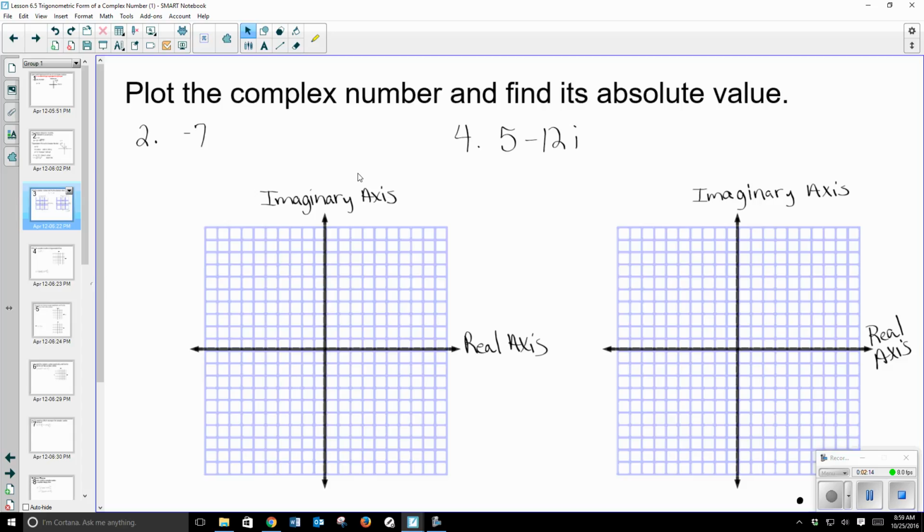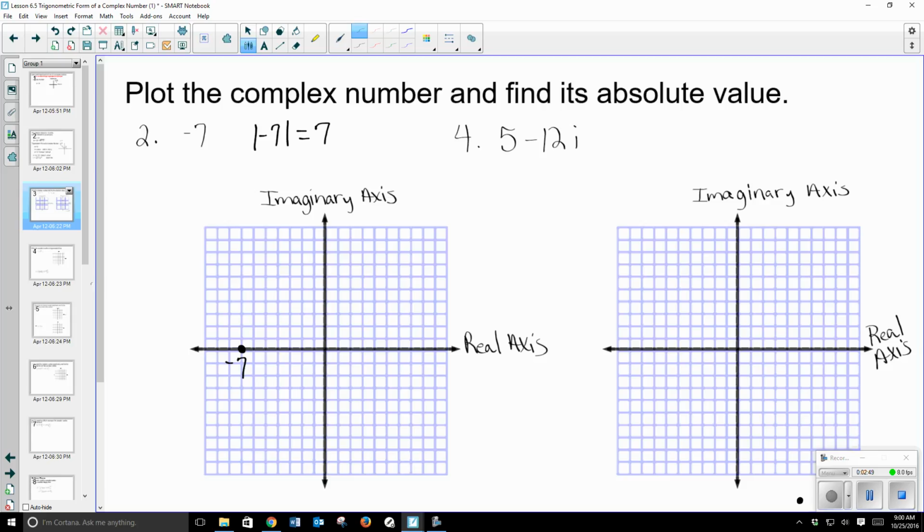The absolute value of -7 is 7. We all know that, right? To plot that point, you go to -7 on the real axis: 1, 2, 3, 4, 5, 6, 7. So -7 would be here, and it is 7 units from the origin.